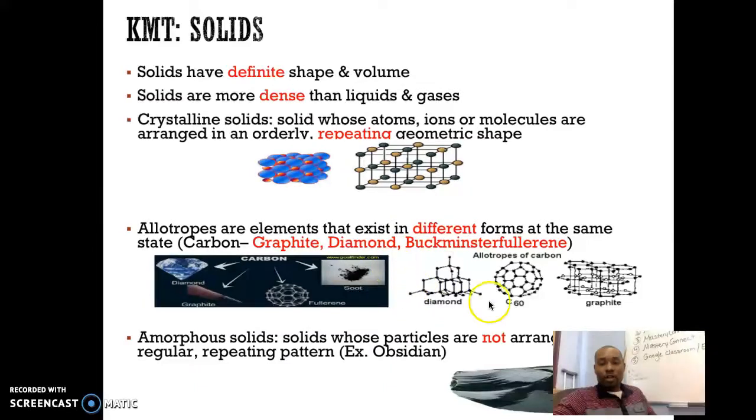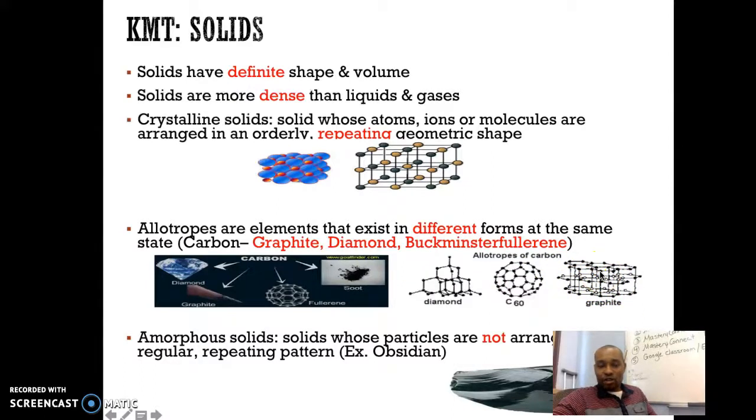So those are allotropes. And these diagrams here are trying to represent the structures. In diamond, this is the structure of the carbon. And then carbon in a Buckminster fullerene is structured like a ball here. And then the carbon in graphite is structured in layers here.